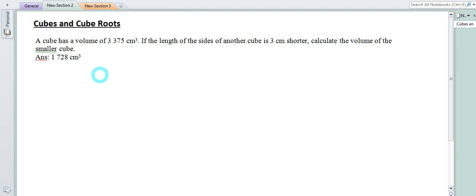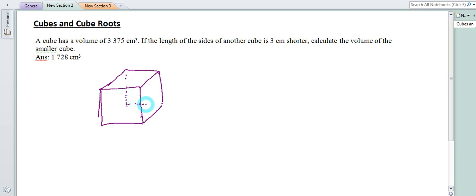Okay, let me draw a diagram for you. Now you have a bigger cube. Sorry, my diagram is not nice. Okay, I try my best. And the volume here is 3375 cubic centimeter.